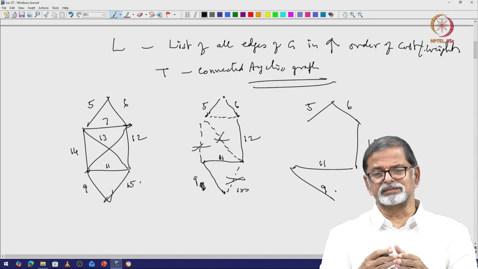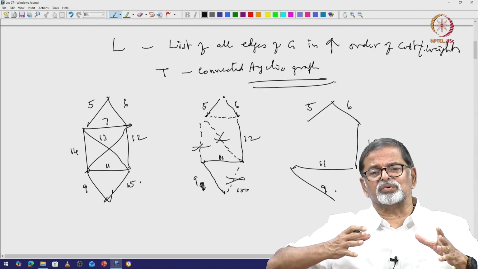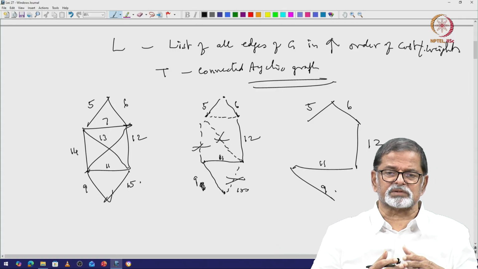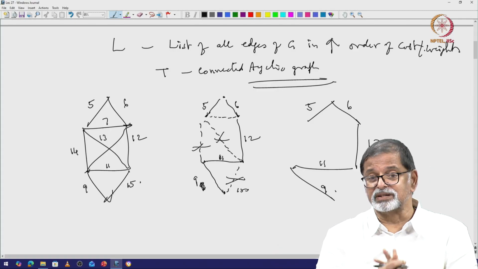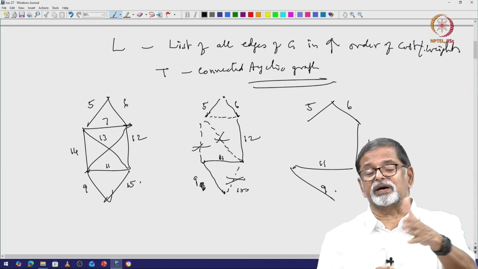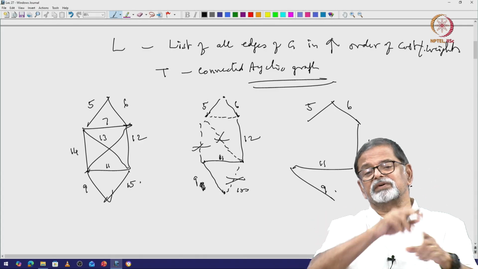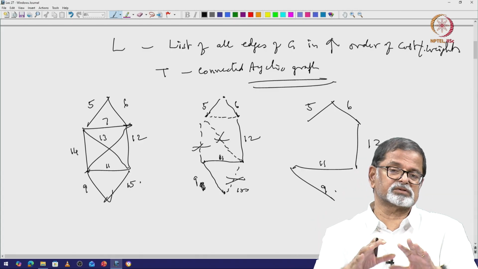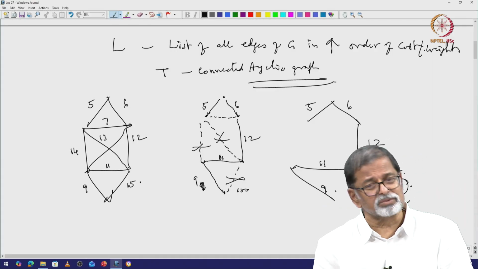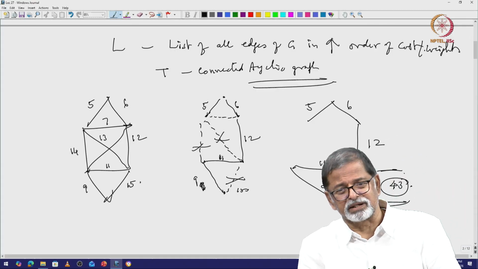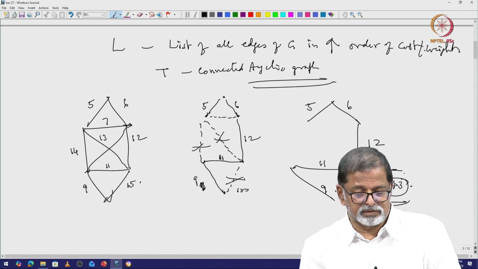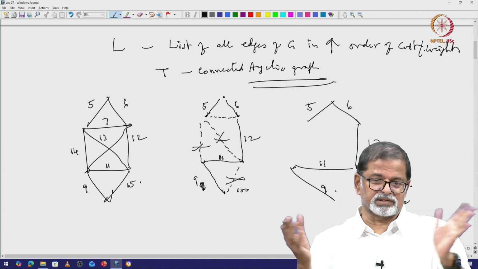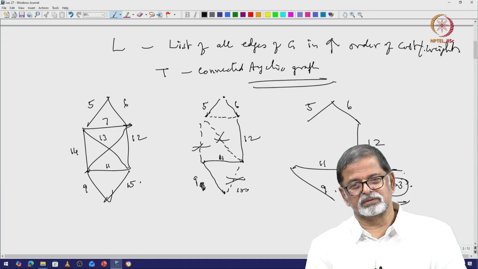I go greedily, I try to accommodate as many cheap edges as possible. 6 I could accommodate, 7 I cannot, although it is cheap, because I have selected already 5 and 6. With that, when you put 7, a cycle is formed. So, although it is cheaper than the next one, I have to ignore it and then go for the costlier one. 9 is okay, it is not forming a cycle, right.